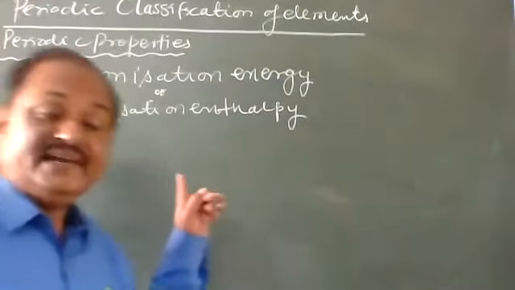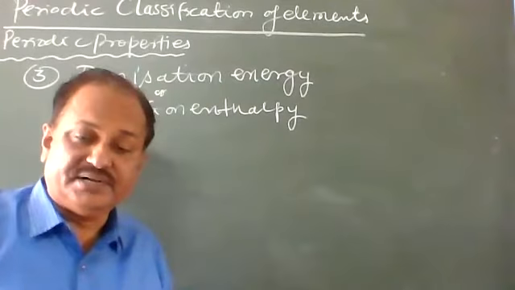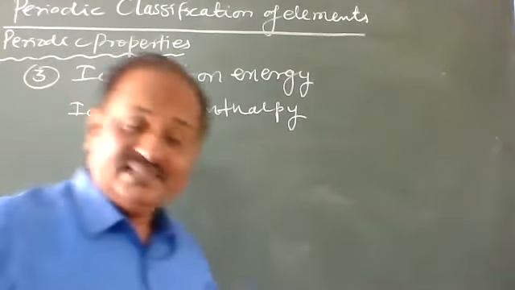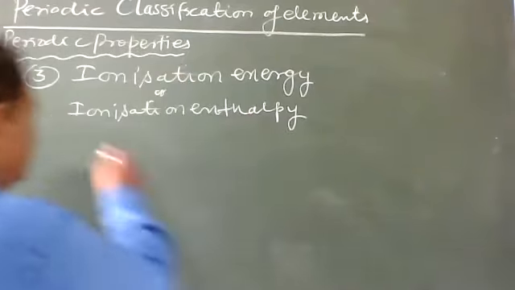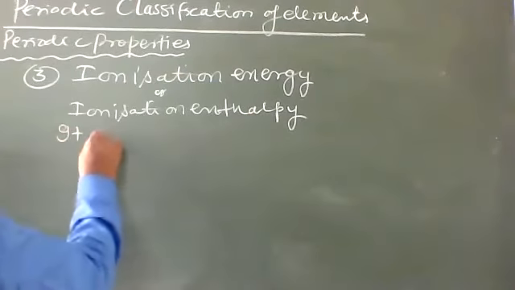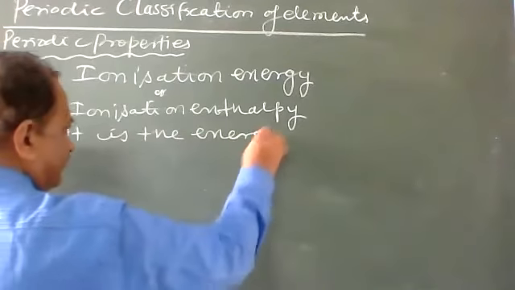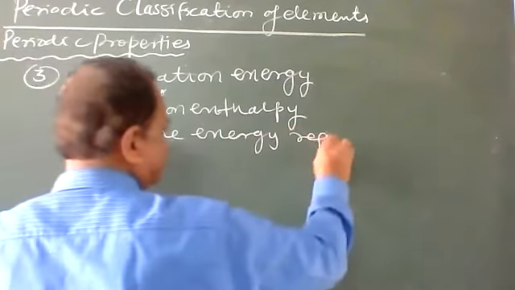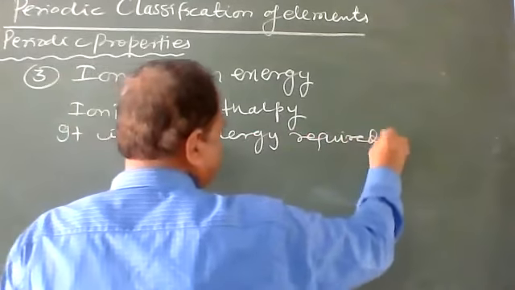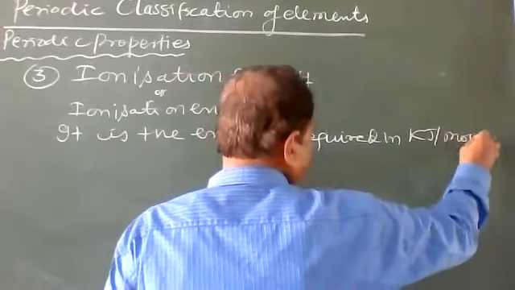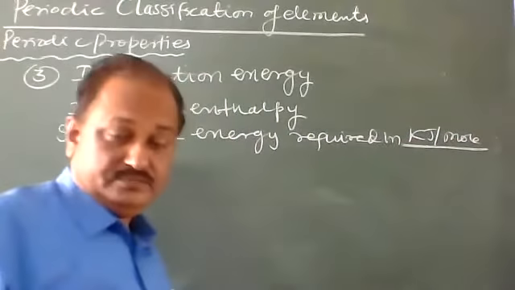Now this is the next very important periodic property, ionization enthalpy or ionization energy. So it is the energy required in kilojoule per mole. So the unit is kilojoule per mole.